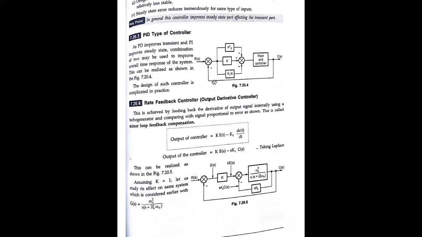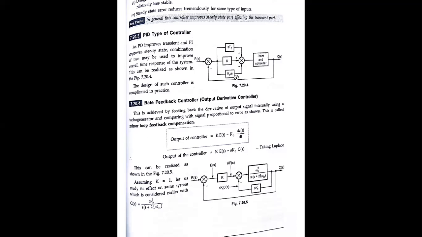A system has both a transient response and a steady state response. So if for any control system or plant you want to improve both the steady state response and the transient response, then you should go for the PID controller, which is the proportional plus integral plus derivative constants. These can be used together to improve the overall time response of the system.